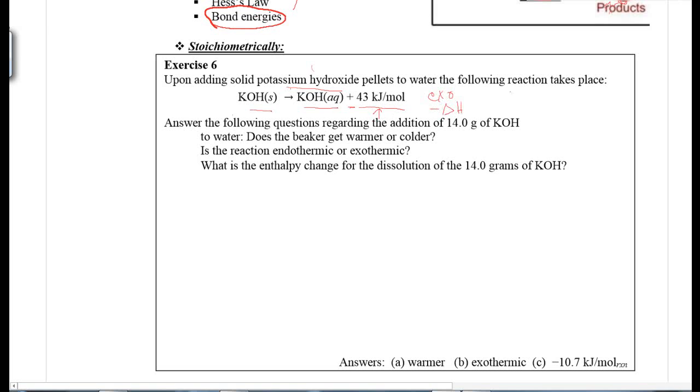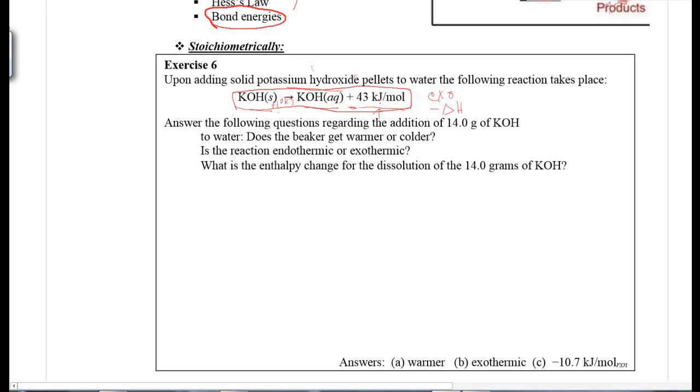Now, there are 2 ways to write these equations, and you've got to watch out for what you have. If it is written as a plus some number of kilojoules, either as a product or as a reactant, sometimes it'll say this plus 10 kilojoules. I'm adding energy here, which means this is endothermic, and I'm going to have a positive delta H. Okay.